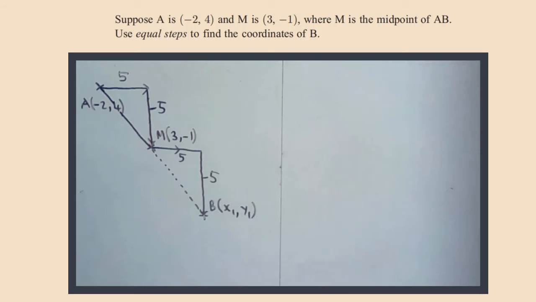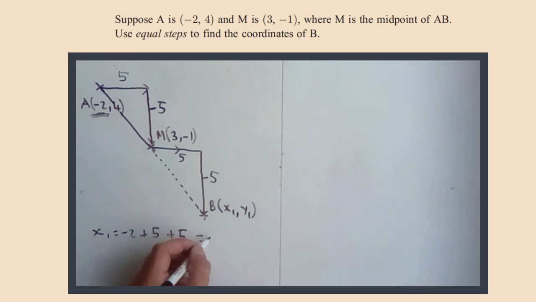So basically, to find the coordinates of B, which you might call x1, y1, you need to take the x coordinate of A and add 5 and then add another 5. So x1, the x coordinate of B, is going to be -2 plus 5 and plus another 5, which is -2 plus 10, which must be 8.